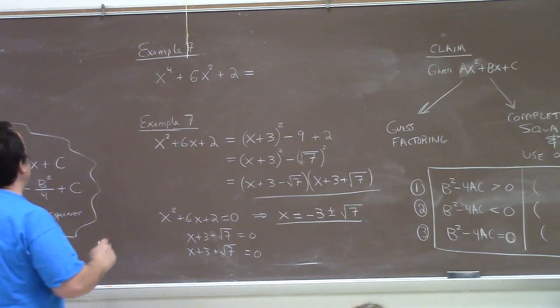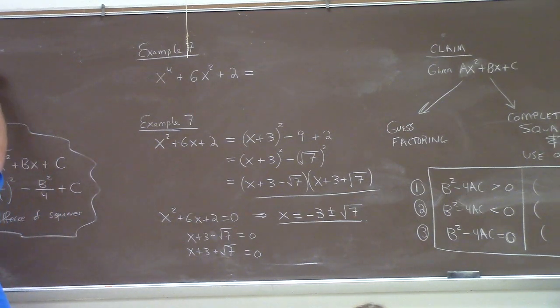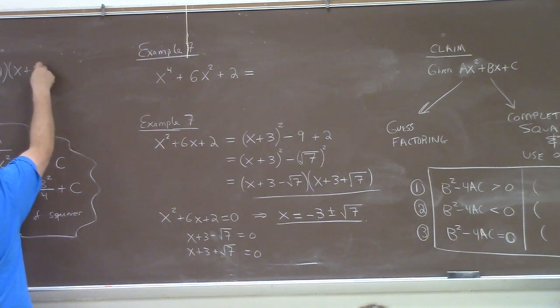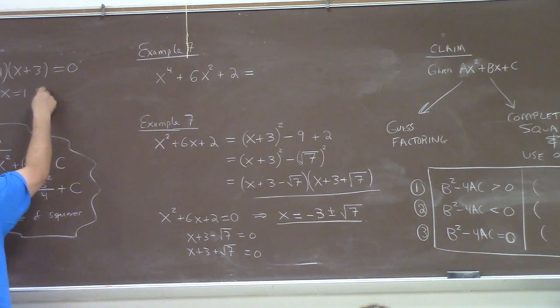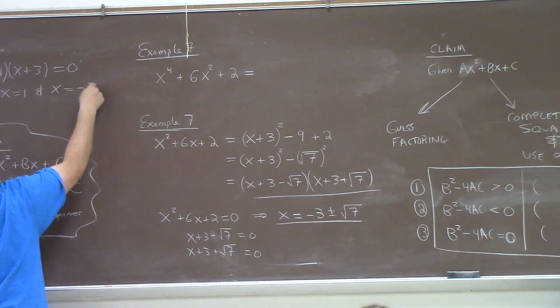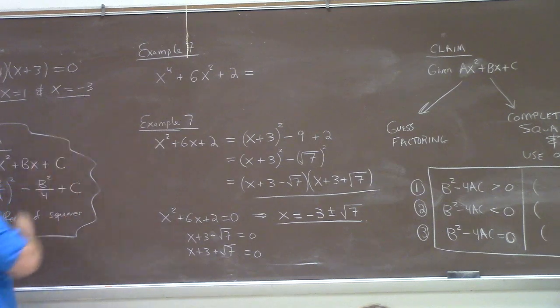This is nothing new, right? Before, if we had x minus 1 times x plus 3 equals 0, then that has solutions x equals 1 and x equals minus 3. Those are the solutions, right?